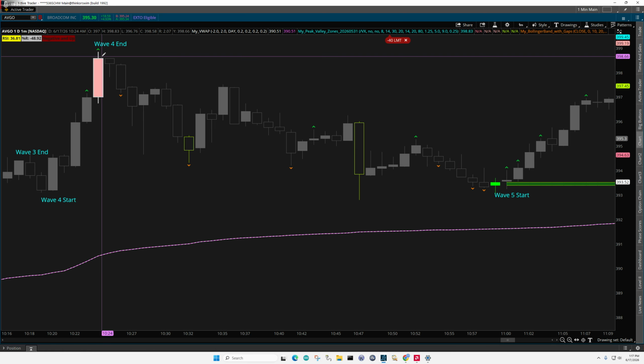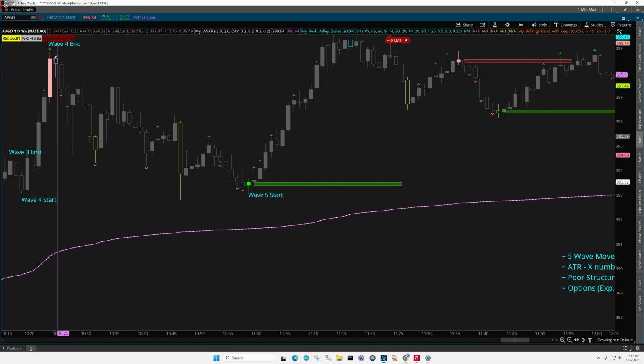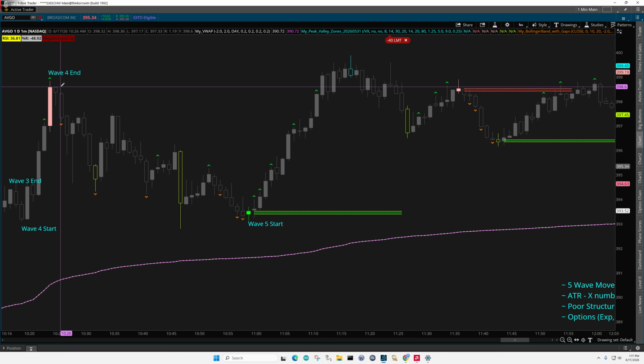Now the wave 5 end doesn't always need to be a body above the wave 4. It can just be a wick. So you have to be very cognizant of that, very aware. So we'll just scroll right and zoom out. So here we can see that wave 5 is beginning, push, push, push, push, and all we're really looking for is maybe some wicks above.